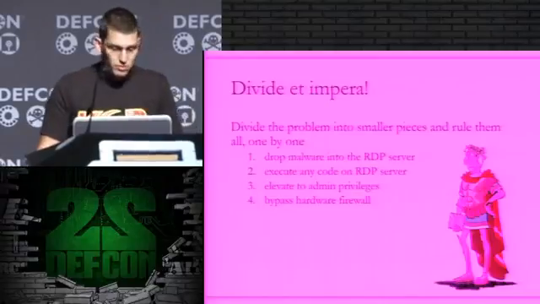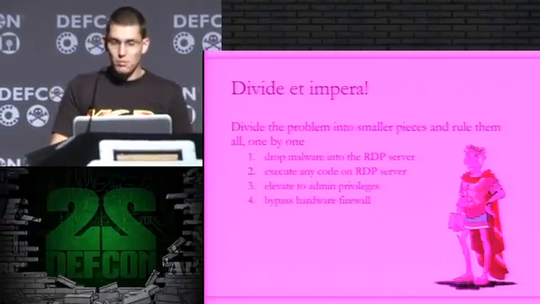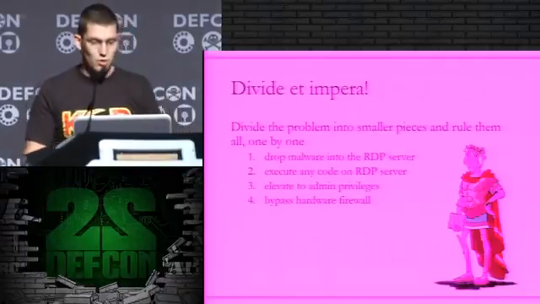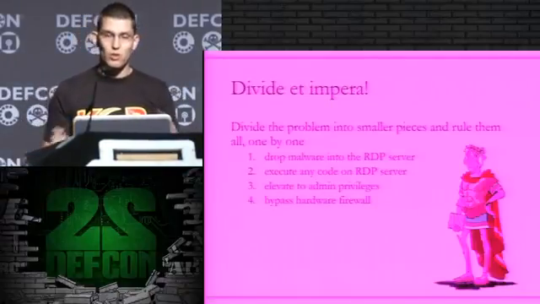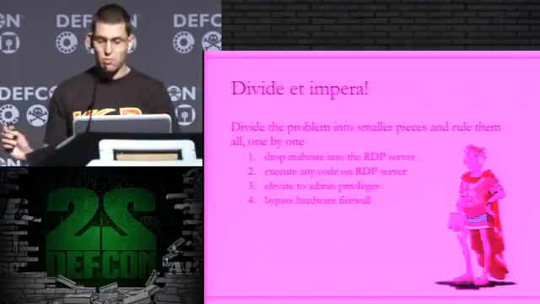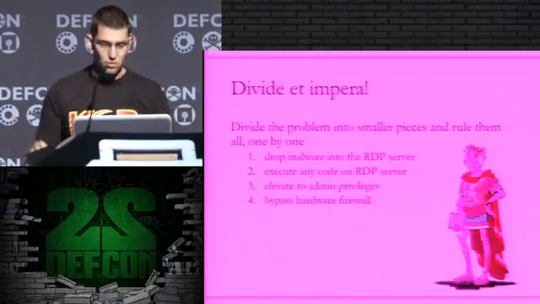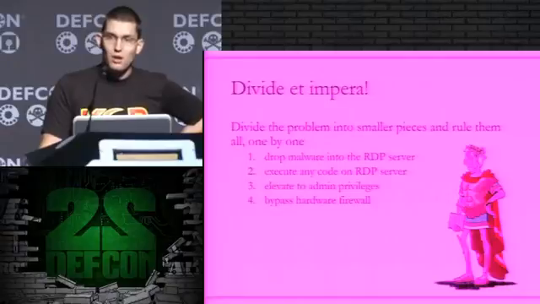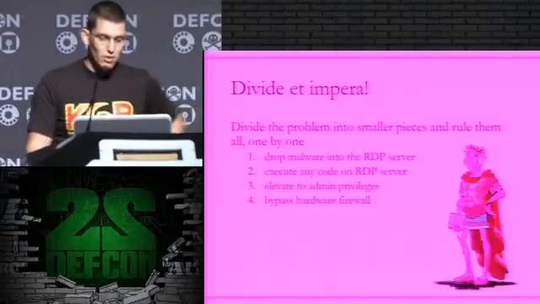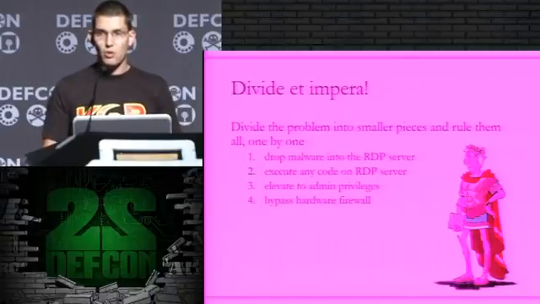Now, I was facing this big problem. I'm not sure what you do when you have such huge problems, but what I do is try to divide the problem into smaller pieces and solve them one by one. And I identified 4 different problems I had to solve. The first one is how can I drop the malware into the RDP server.